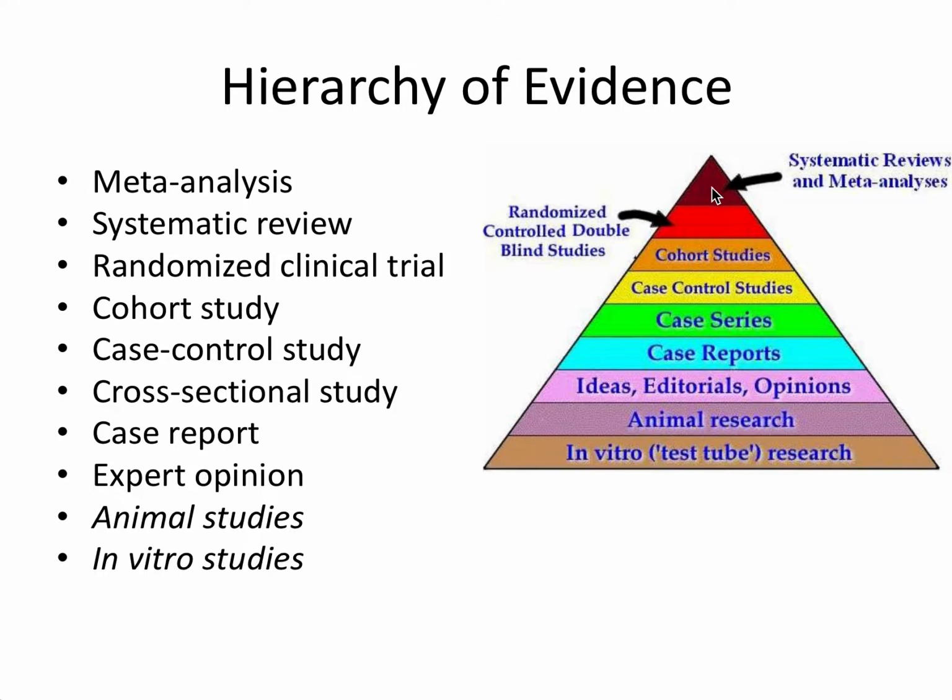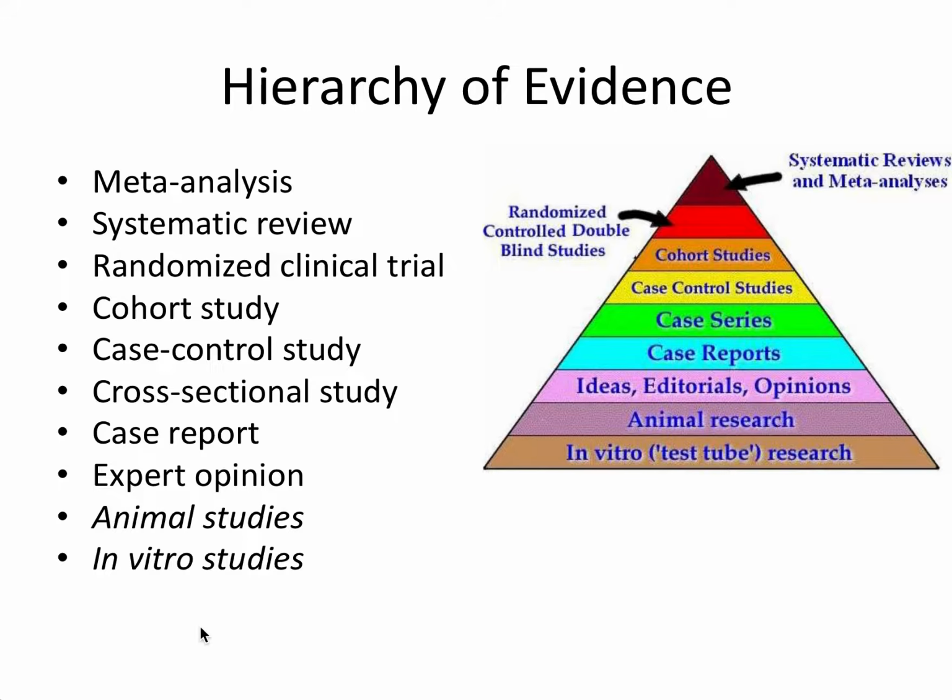At the top of the pyramid is the meta-analysis and systematic reviews. And then going from best to worst, we have the randomized clinical trials, cohort studies, case control studies, cross-sectional studies or surveys, case reports, which are reports of unique patients or findings. Then we have our expert opinions like G.V. Black.